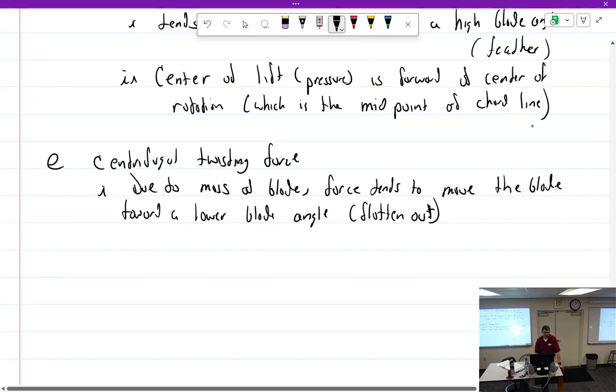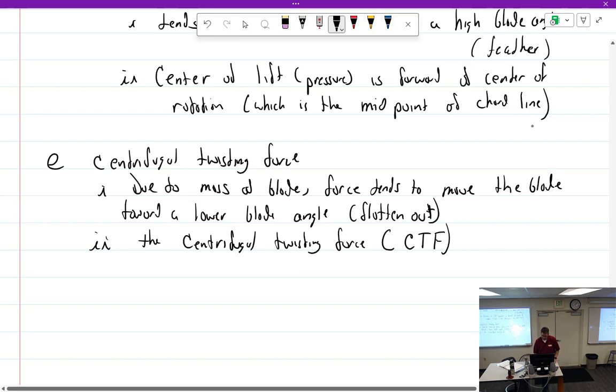It'll bend a little bit. It can't move much, it's sort of fixed. So the centrifugal twisting force, which shall forevermore be known as CTF, because I'm not writing all that anymore. Centrifugal twisting force is greater than aerodynamic.